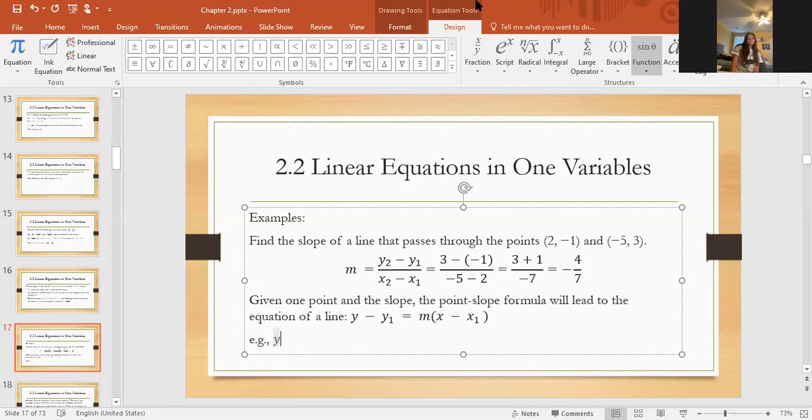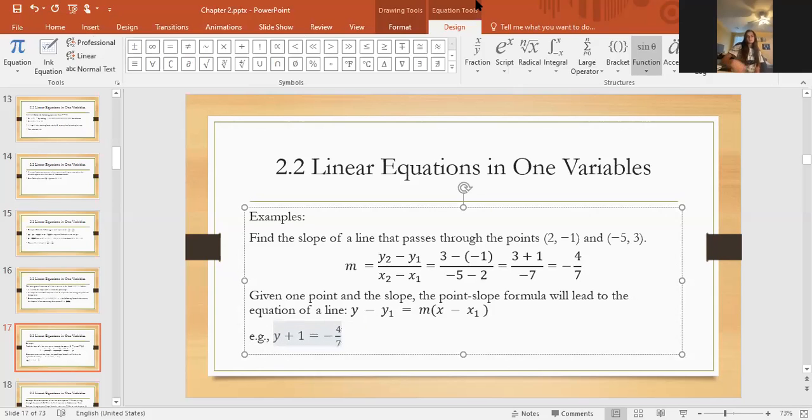So we will do y minus negative 1, which will become y plus 1, equals negative 4 over 7 times (x minus x1). x1 here is the value with y equals negative 1, so it's 2. So this will be x minus 2.